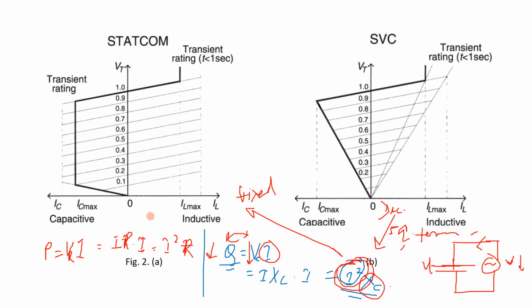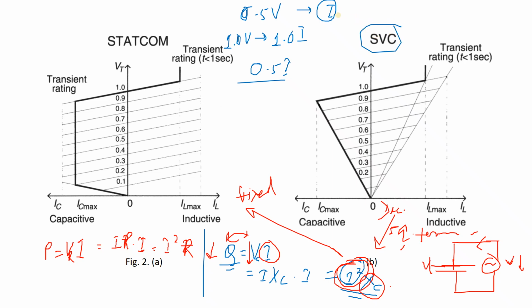Suppose you have a system where the voltage may reduce to 0.5. 1.0 per unit voltage will give you maximum current. So 0.5 voltage will give you, suppose, 0.5 current I, but you want that for 0.5 voltage the current should be I. How is it possible?